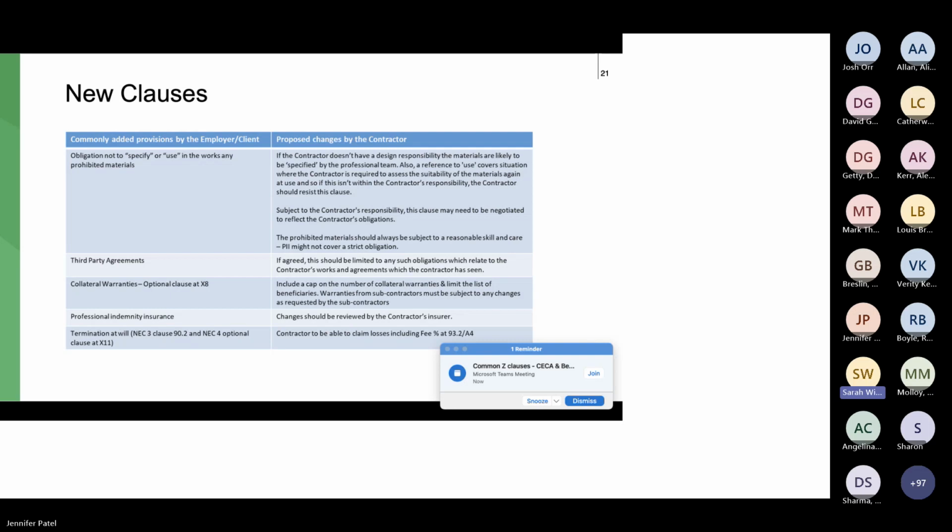And the compensation package includes being paid the fee percentage. That's at clause 93.2, on the second half of this chart, and it's the reference at capital A4. Basically it means that if the contractor is terminated and has done £500,000 worth of work on a £1 million project, it still has £500,000 of work to do.